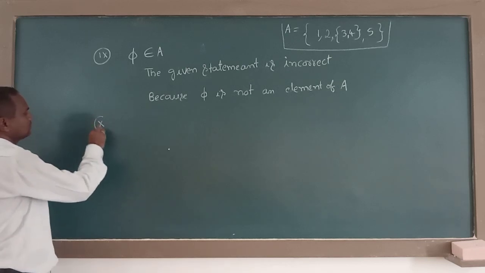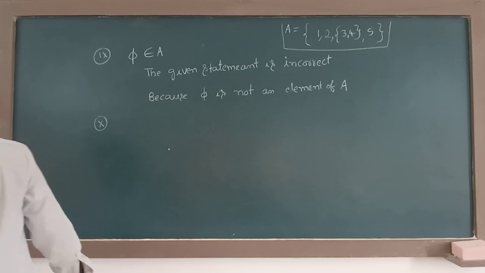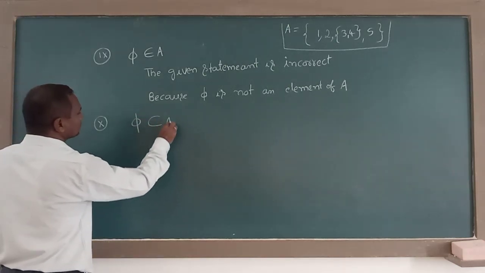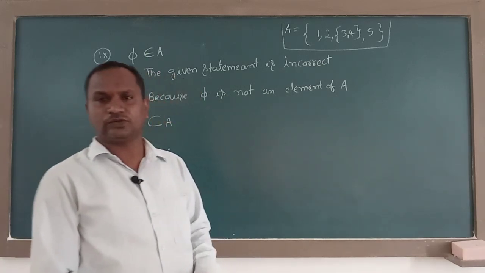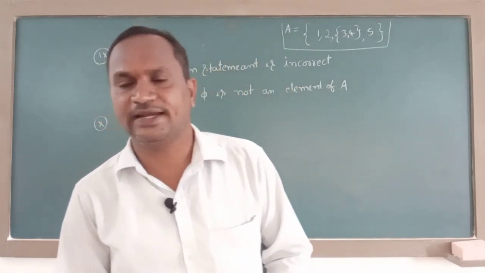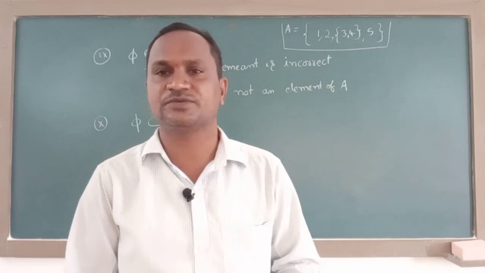Tenth question. The tenth question is: empty set is a subset to A. So the given statement is true. Why? Because when I told the definition of subsets, under that I gave some important points in the note on subsets.